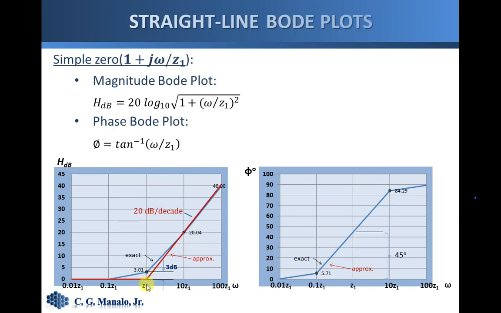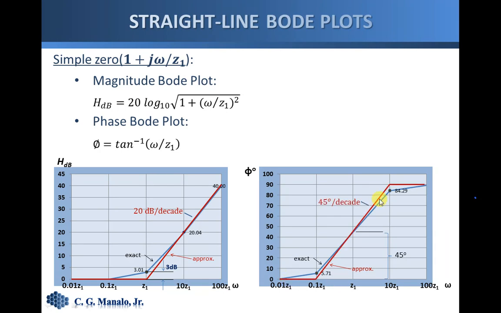And after z sub 1, it makes a slope equal to positive 20 dB per decade. Okay. Now for the angle, the exact plot would look like this. And again, we approximate this into something like this.